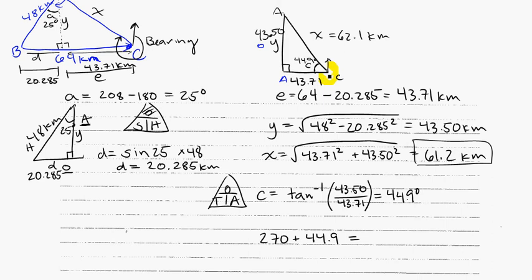Because this angle here we know is 270, 3/4 of a circle, plus 44.9, and this is going to get us 314.9 degrees. And remember, bearings have to be in 3 digits only, so we'll round that to 315 degrees as our bearing. So again, 315 degrees from here all the way through to there. And you're done.